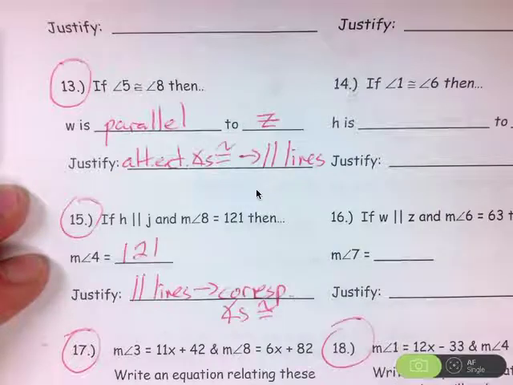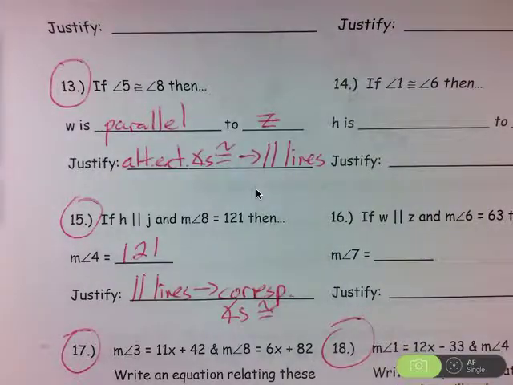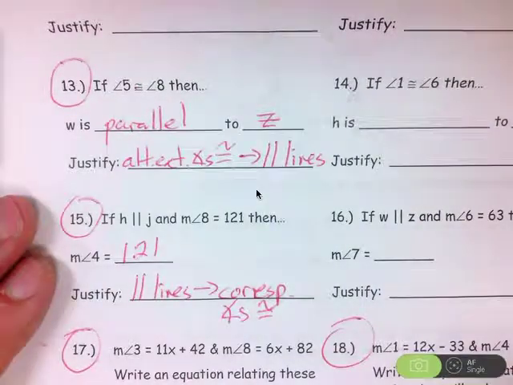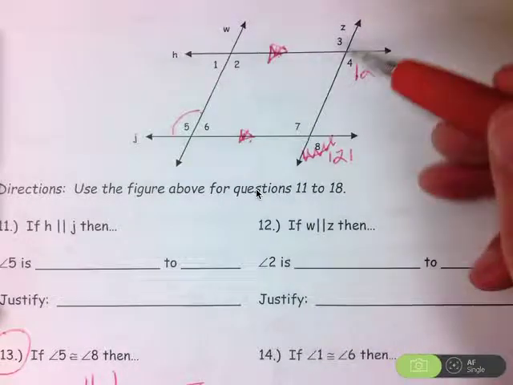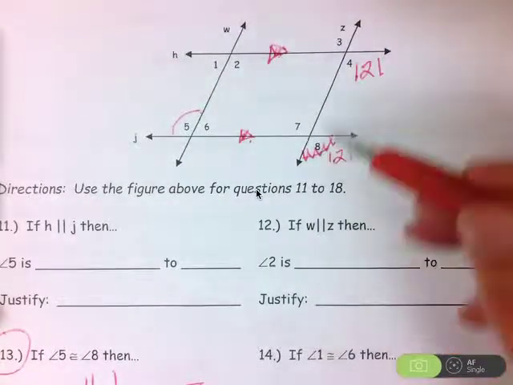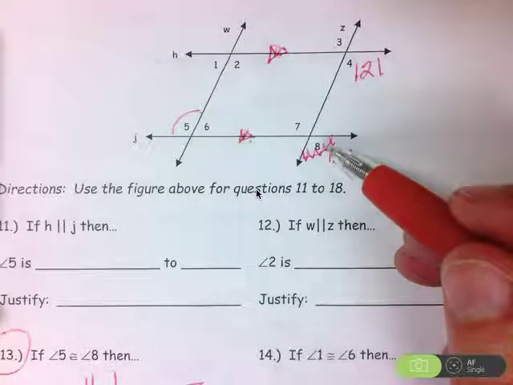Questions 17 and 18 were very frequently requested, and here all you're doing is trying to write an equation that suggests an angle relationship that would force H and J, those two lines, to be parallel. So look at angles 3 and 8. Wow, angle 8 seems to be popular. Angle 3 and angle 8, those are alternate exterior angles.